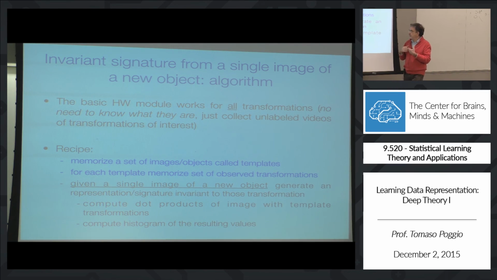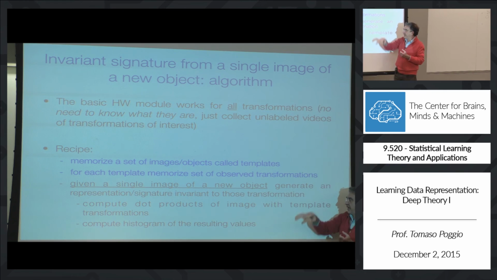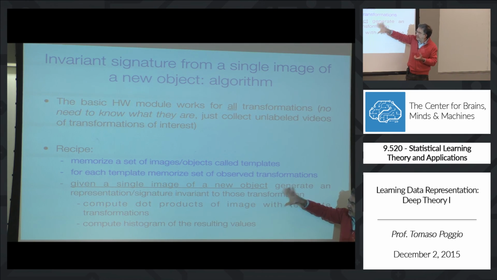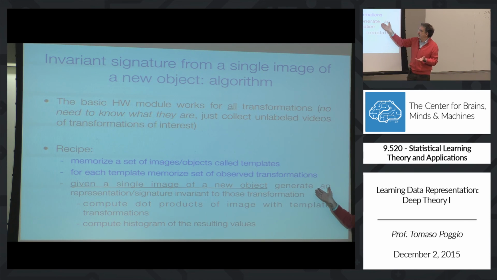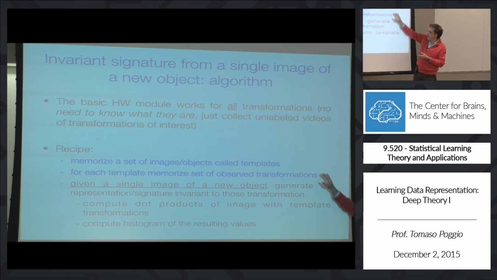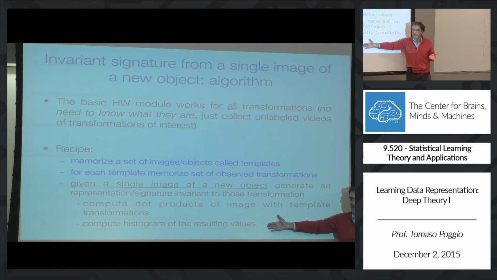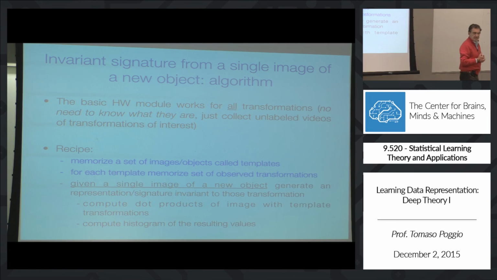And then that's the learning. Then at running time, you have a new image, never seen before, and you can generate a vector which is invariant to transformation by computing these dot products with these templates and computing, if you want, something like the histograms that are invariant.